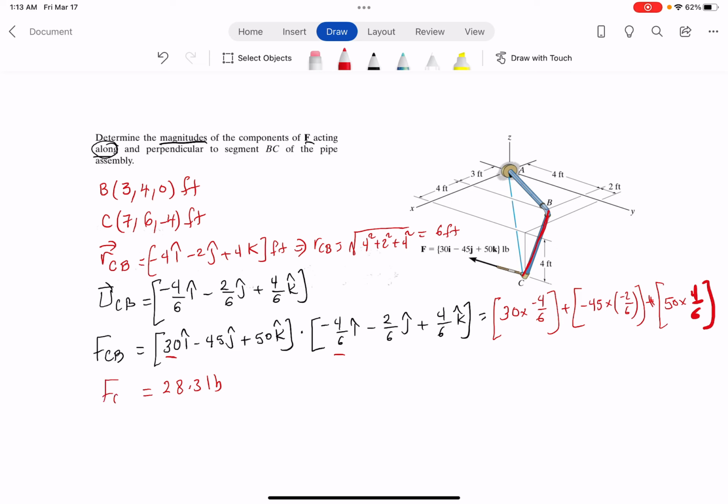This is the force projection along, or parallel to, the segment BC.